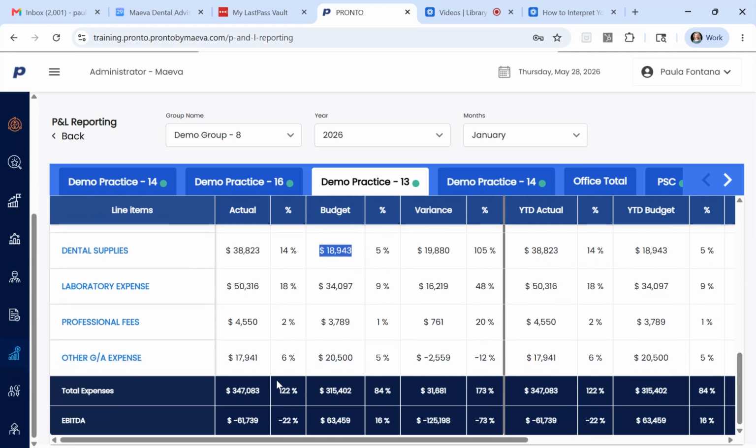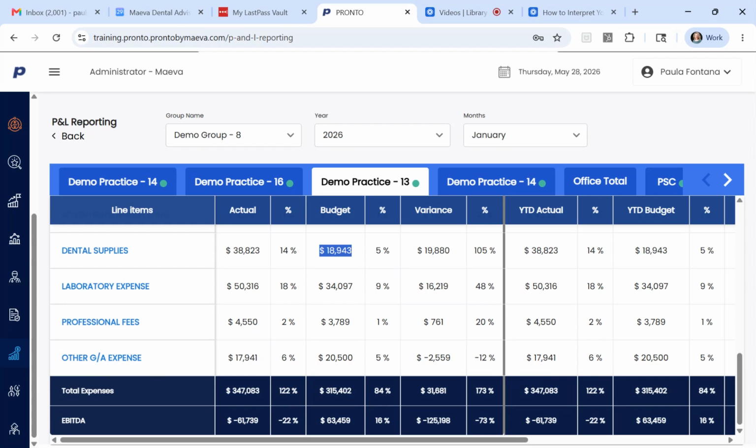At the bottom of the P&L report, you're going to see an acronym, this acronym being EBITDA. EBITDA is a financial acronym used to describe earnings before interest, taxes, depreciation, and amortization. And basically it's a dollar amount that gets added back into your net revenue so that you can determine your net operating expense.